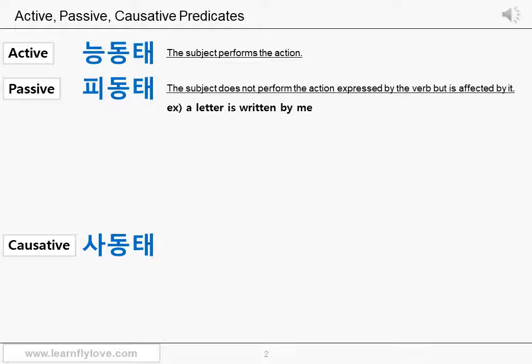Sometimes you add either 이, 히, 리, or 기 sound to the stem and add the ending. The letters like 이, 히, 리, and 기 can be called affix in English.